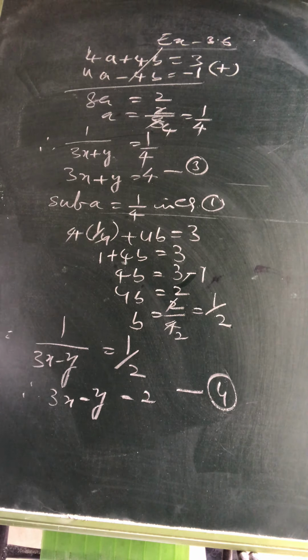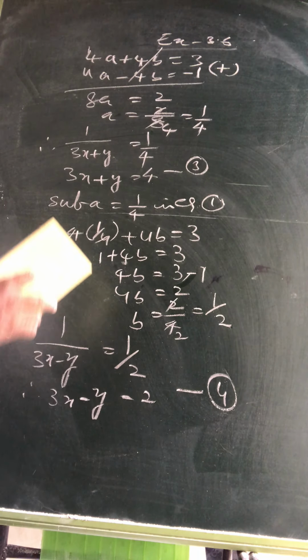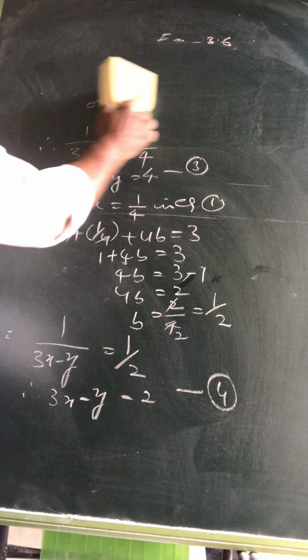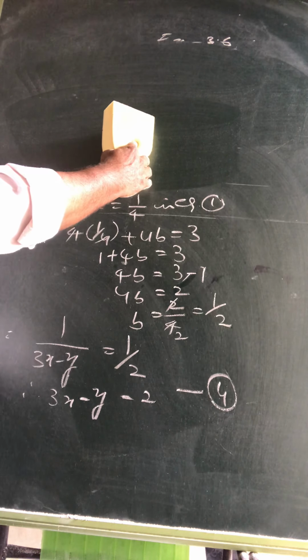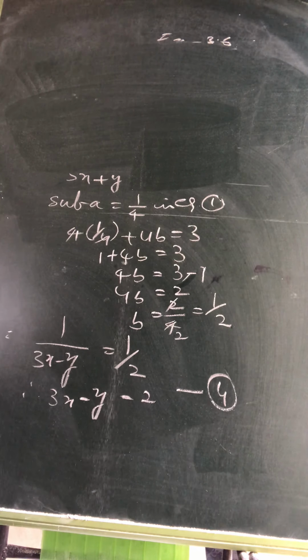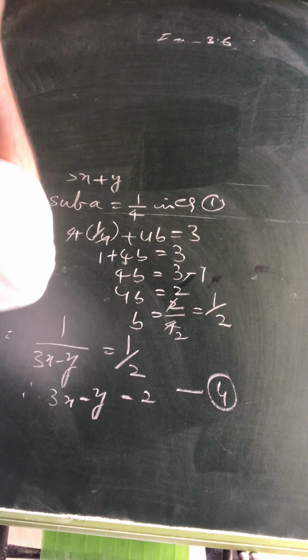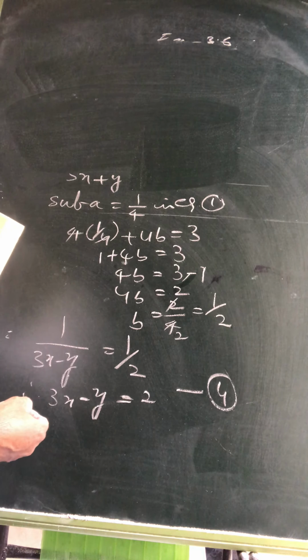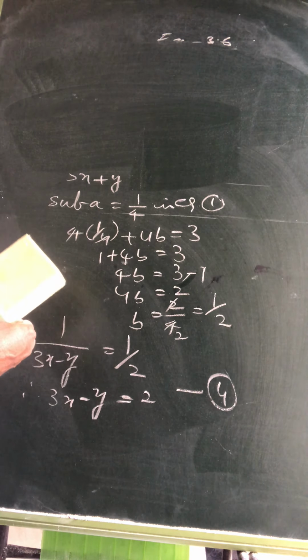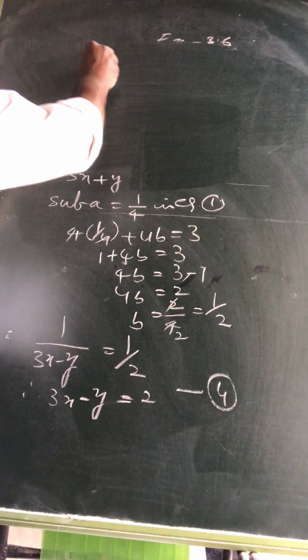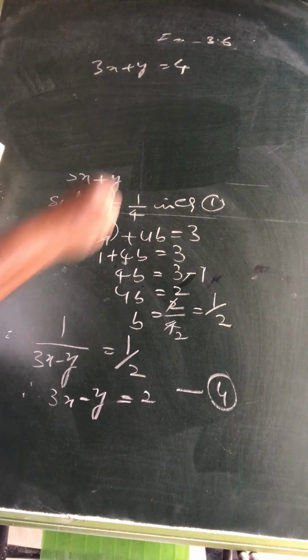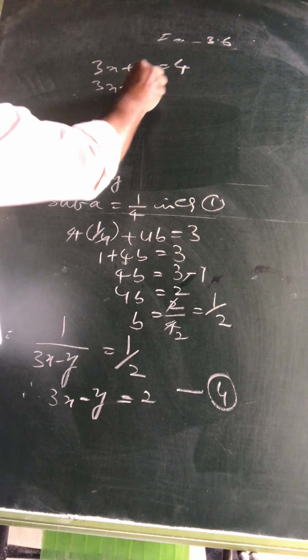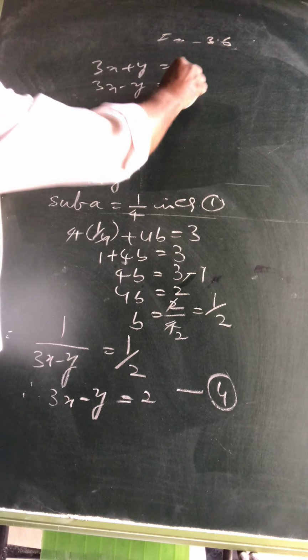Yes. Now you got the third and fourth equations. Now we are supposed to solve these third and fourth equations to find the required values of x and y. 3x plus y is equal to 4 and 3x minus y is equal to 2.